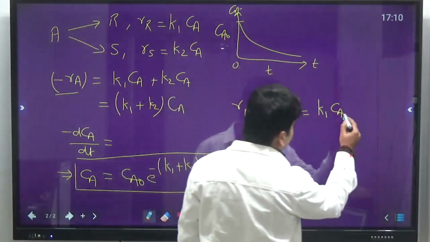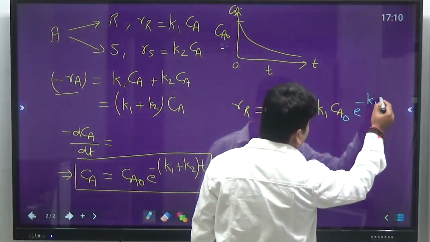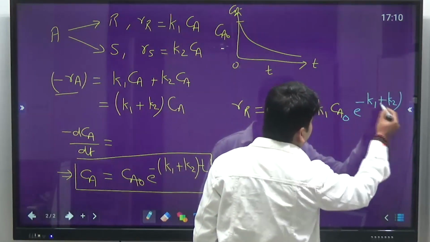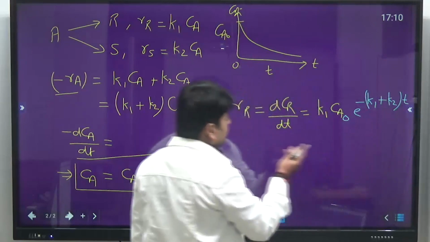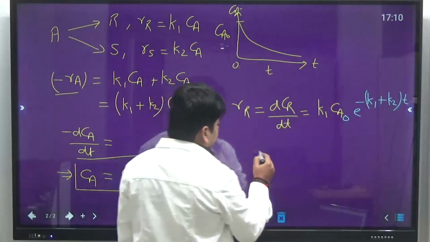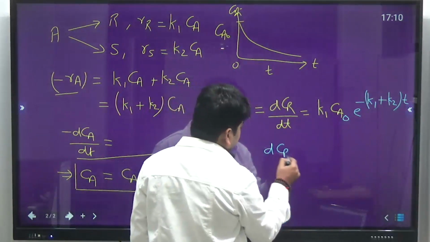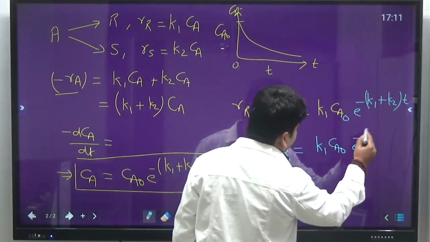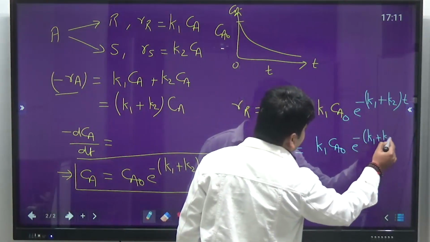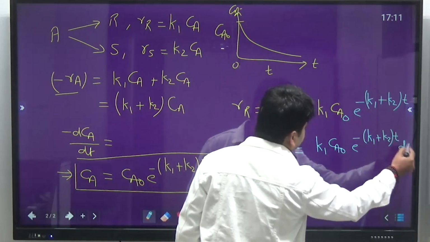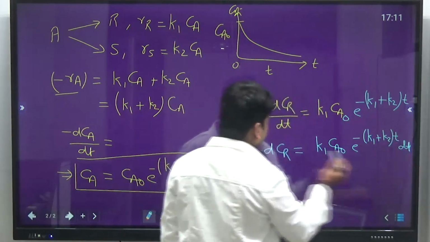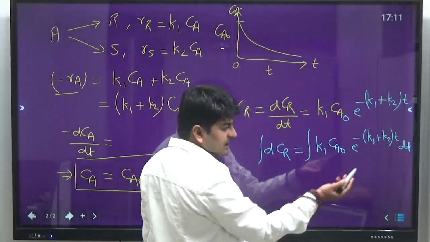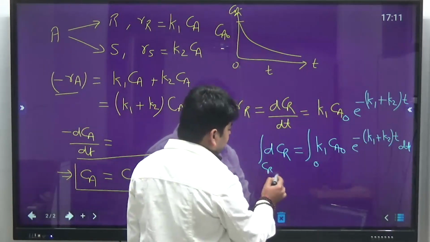So you can put the value of Ca, that will be Ca naught e to the power minus K1 plus K2 times t. So here dCr will become K1 Ca naught e to the power minus of K1 plus K2 times t into dt. Now you can integrate this.